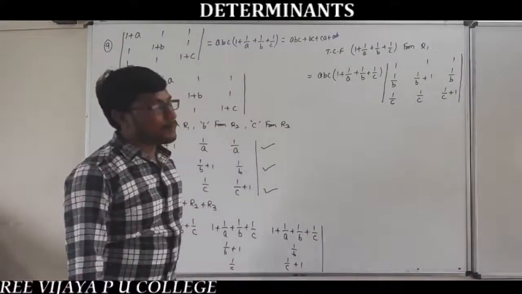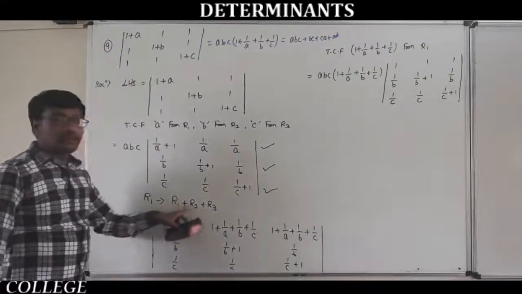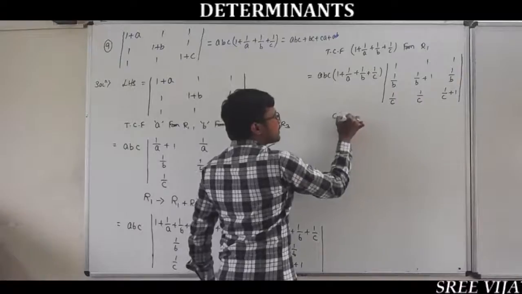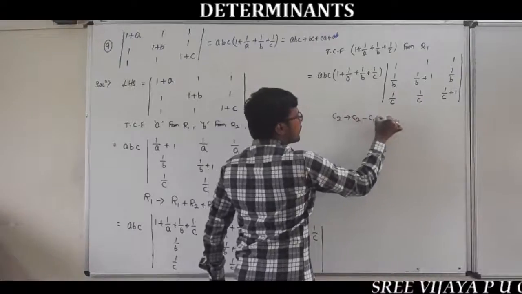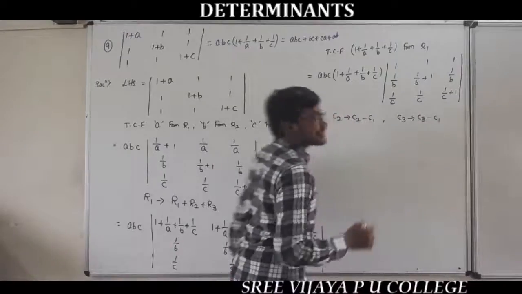Okay. So now, which elementary operation can you apply? Already I told, right? If R1 changes to R1 plus R2 plus R3, you can apply C2 changes to C2 minus C1 and C3 changes to C3 minus C1.